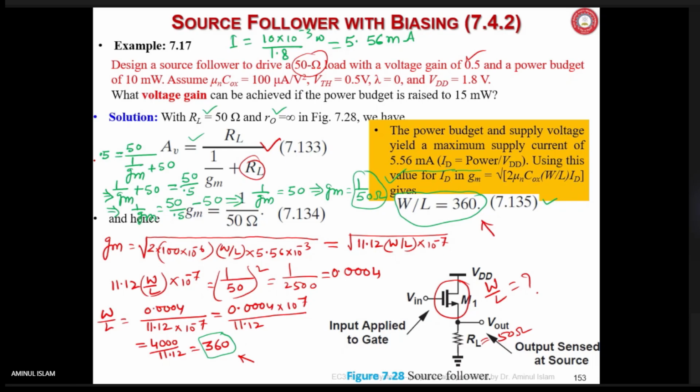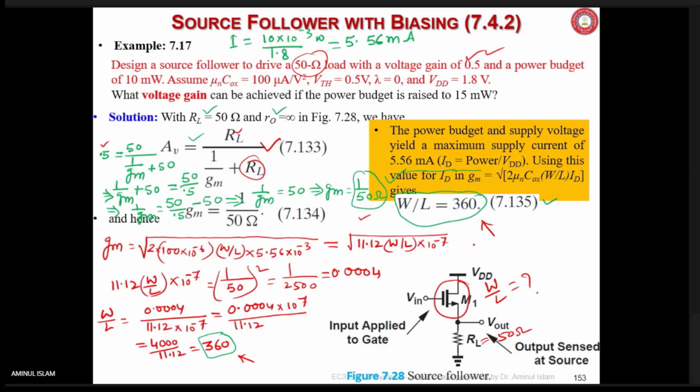Yes, here look at how it is obtained. Gain is given as 0.5, that is Av equals 0.5, right? RL is given as 50. Yes or no? Then 1 upon gm plus RL. Yes, sir. This gives you gm equals 1 upon 50 ohm.